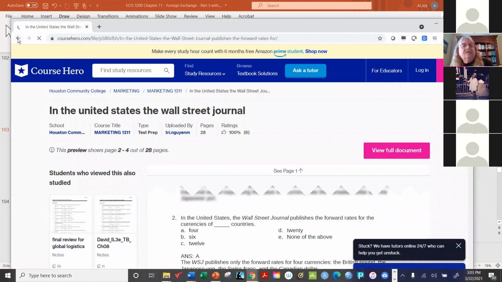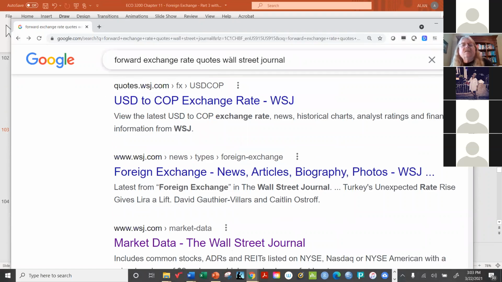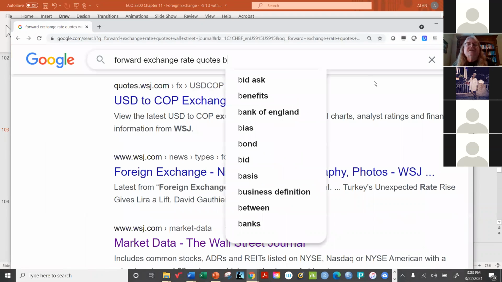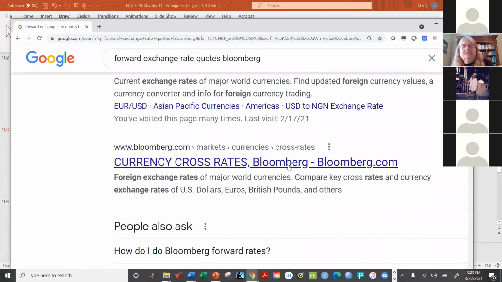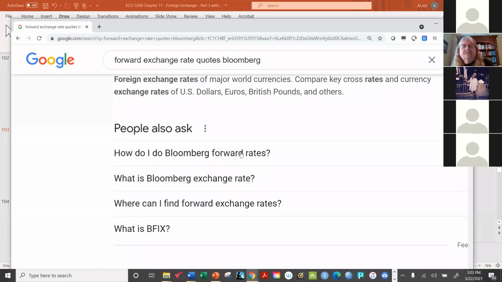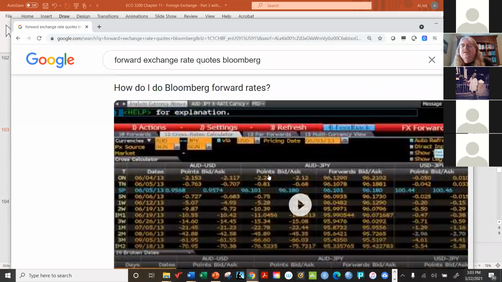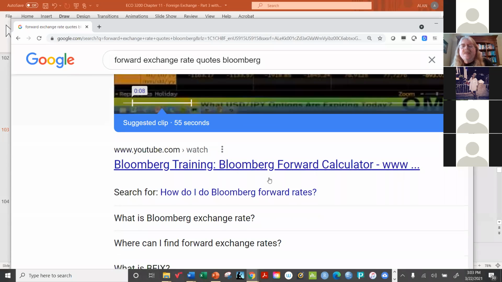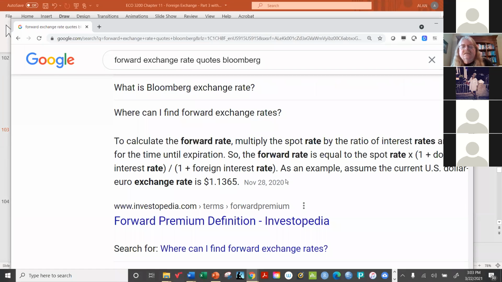I don't know what that is. Yeah, maybe I can find it somewhere else. Let me just quickly look. Maybe Bloomberg has it. Oh, this is a Bloomberg terminal. If you end up working in finance, you might end up having one of these on your desk.